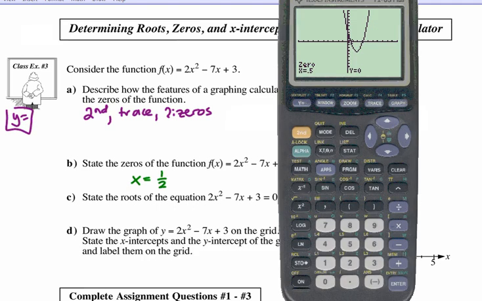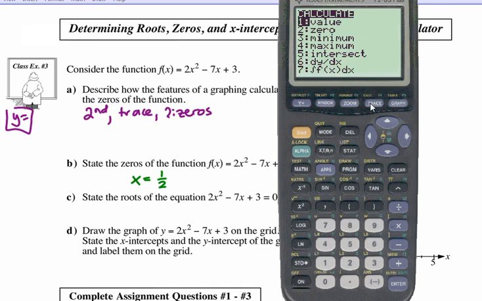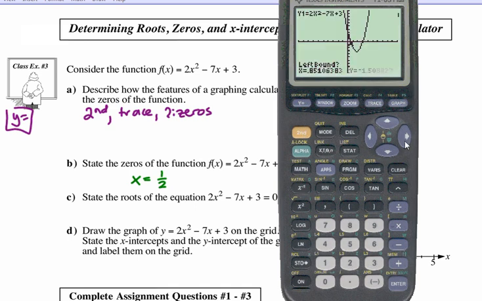Let's find the other one. You should always use your calculator because you can look at it and maybe guess, but it's always better to go second trace, 2. Now we want to go on the left side, and there on the right. The key is to have your arrows point in. Then you can make a guess. It's going to be like 3.